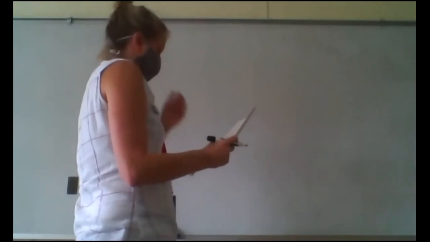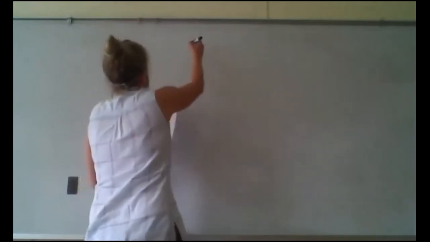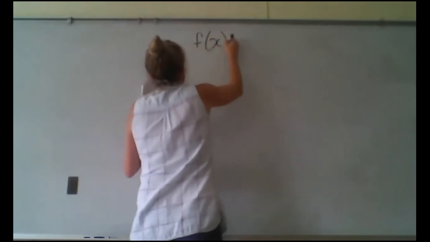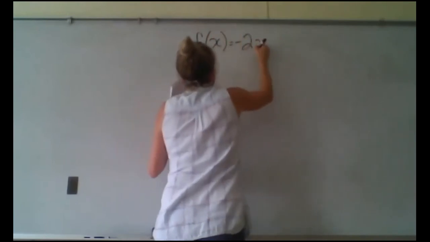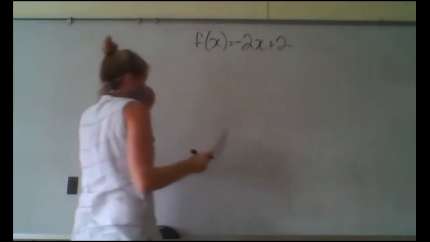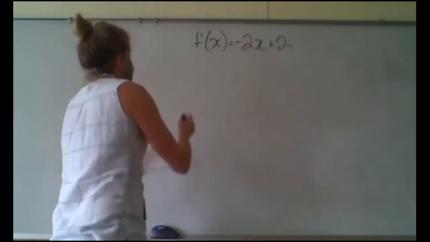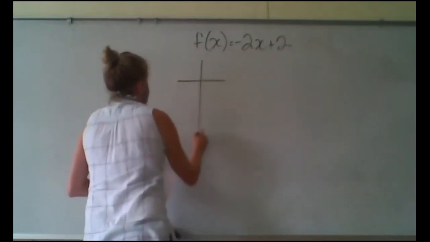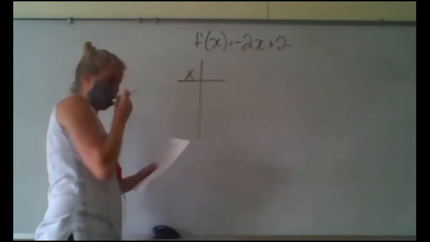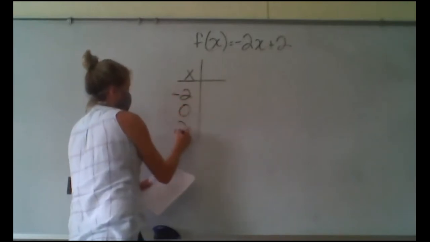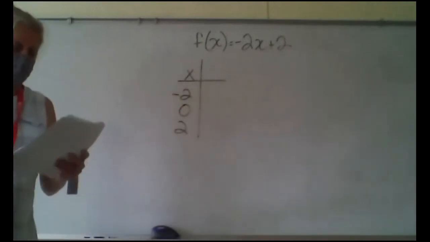All right, number 10. The function is f of x equals negative 2x plus 2. And then it gives me a table to complete. It has an x column, and it gives me different numbers for x, which are negative 2, 0, and 2 on this particular problem.